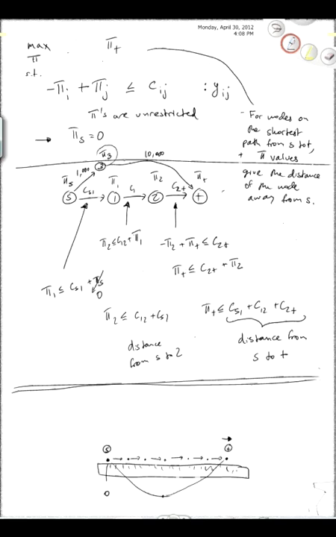And that leeway corresponds to our ability to kind of move this knot up and down the ruler, having fixed the locations of the knots for node S and node T. But it's always possible for us to take this knot and move it to the rightmost that we can. And then what we're doing is basically setting the pi value to be equal to the distance of that node away from S. So that's a basic interpretation of the shortest path dual. It's just the pi values are giving us distances away from S.